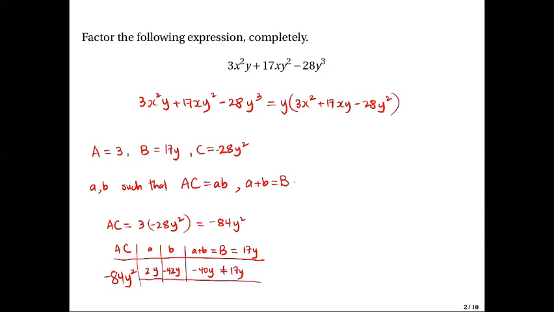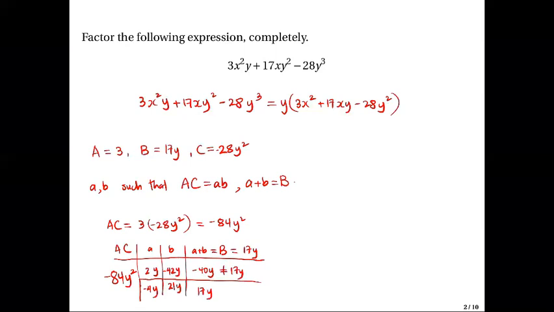Okay? So let us use some more factors. We want 17y. We can use 21y and negative 4y. If you multiply negative 4y times 21y, that will give you negative 84y squared. And if you add the two, you will have 17y.